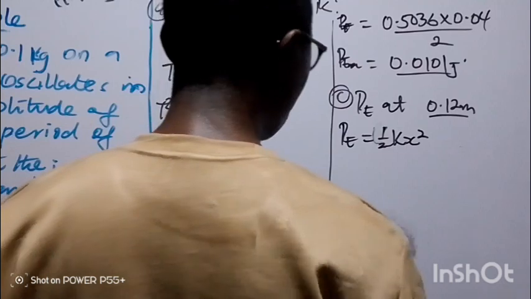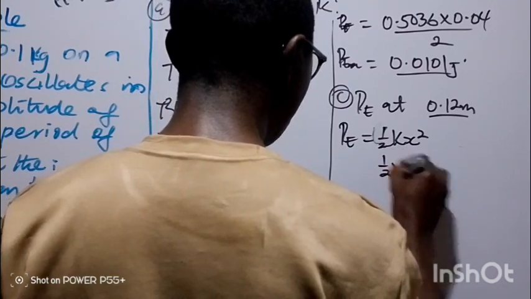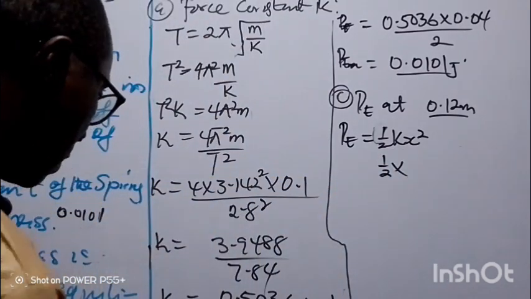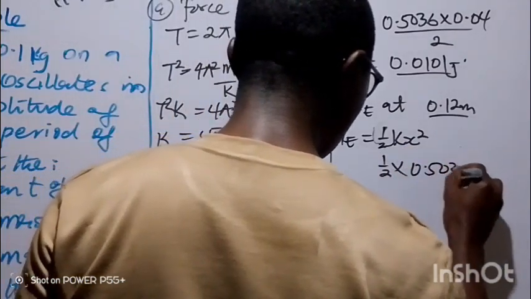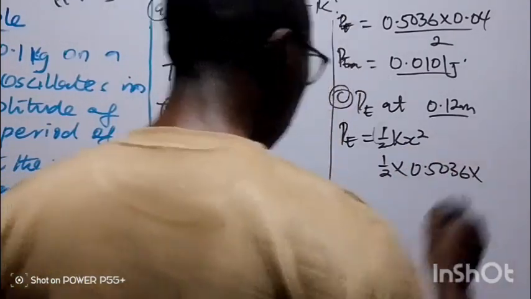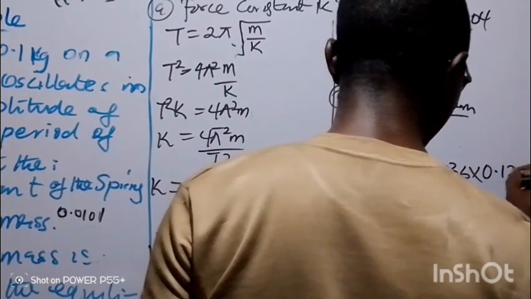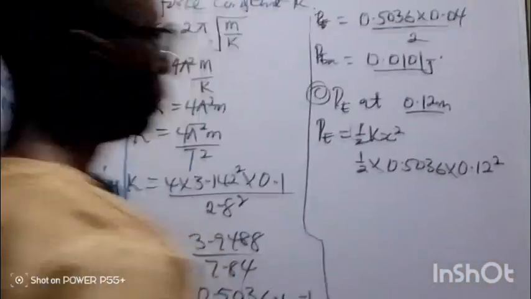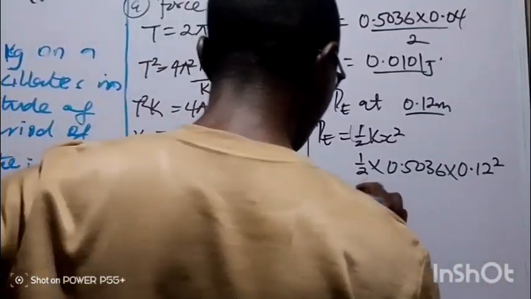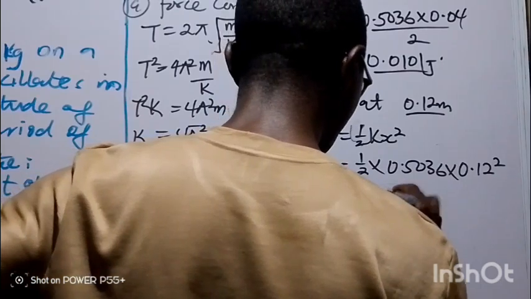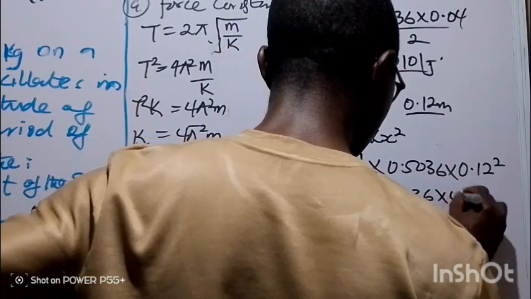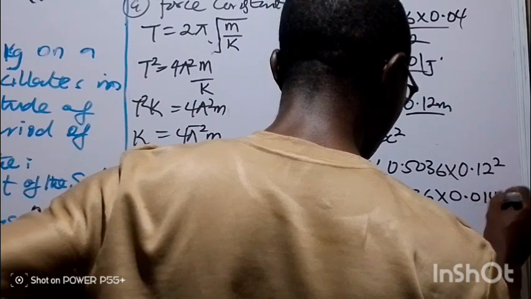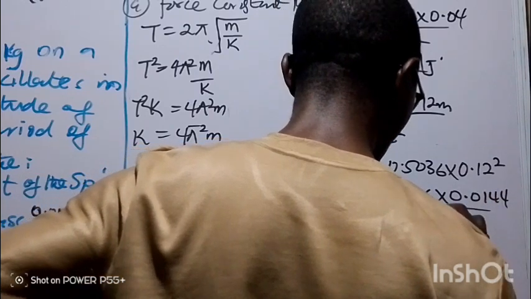So half multiplied by our K, 0.5036, and our x is 0.12 squared. This will give us 0.5036 multiplied by 0.0144, then divided by 2.